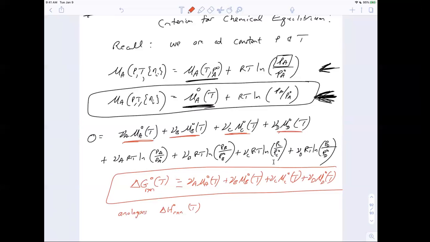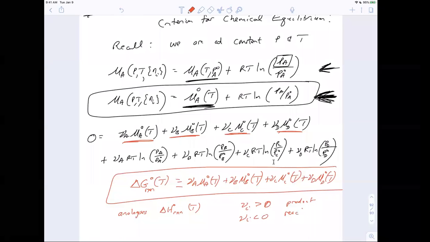So we take all of these guys, A, B, C, and D, in their standard or reference state, whatever that may be. We can choose what that is, multiply it by the stoichiometric coefficient, and we take the summation, keeping in mind that nu sub i is greater than 0 for a product, and it's negative for a reactant.